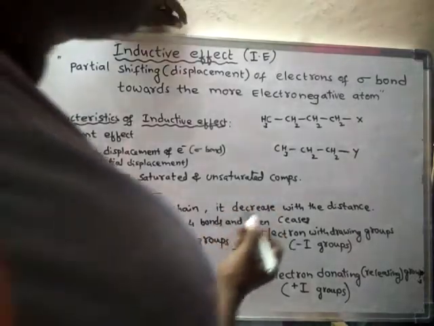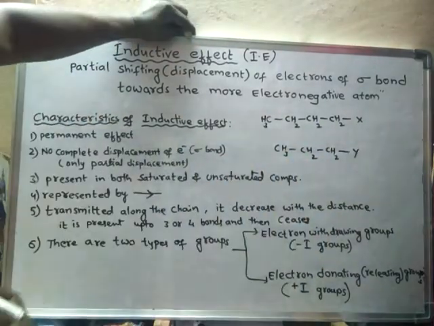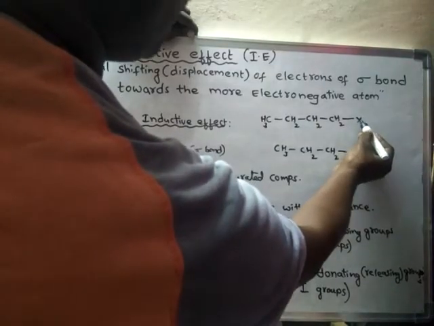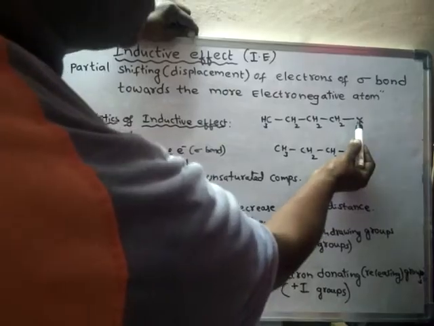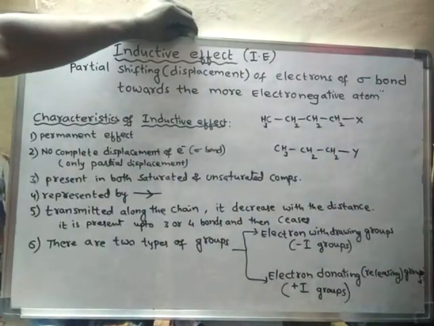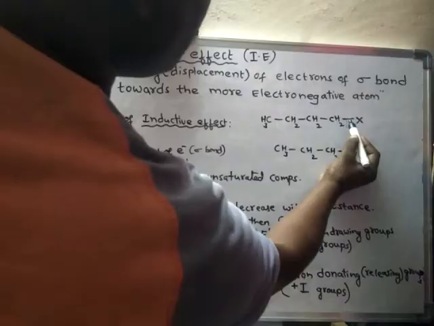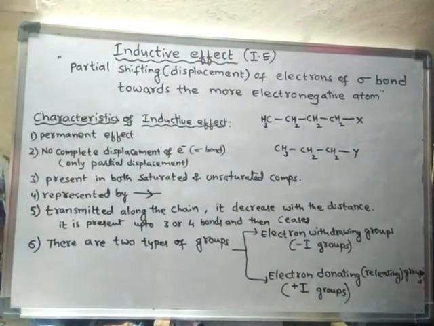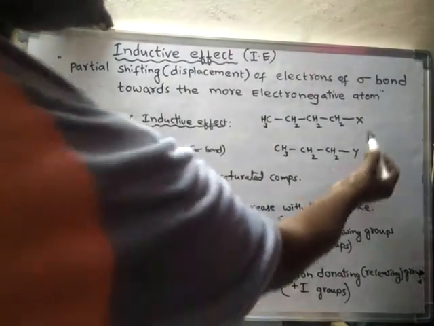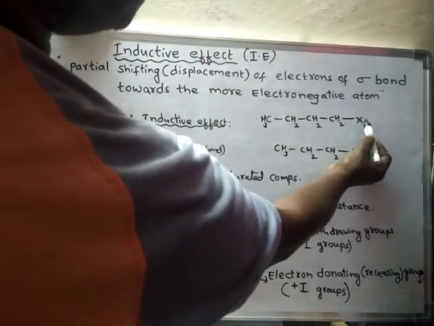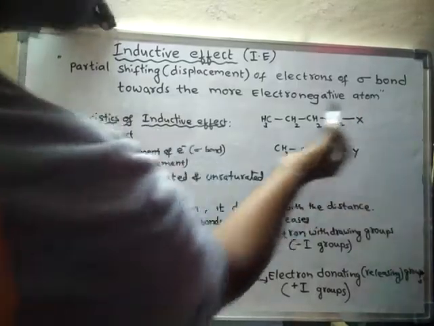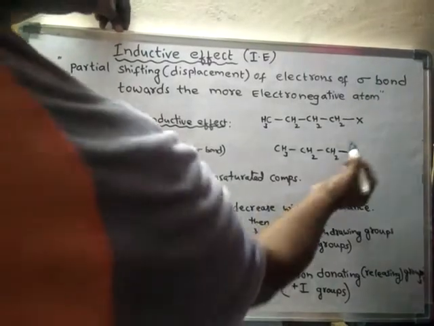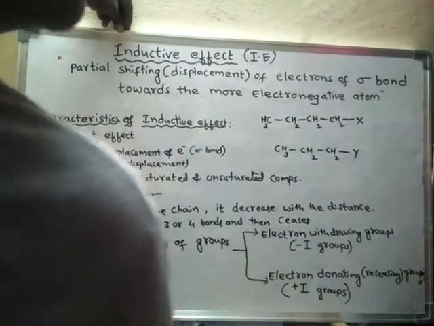For example, let us assume X is a more electronegative atom connected to carbon. This is a sigma bond, and a sigma bond is made up of a pair of electrons. As it is a more electronegative atom, this atom has a natural tendency to attract the electron pair.